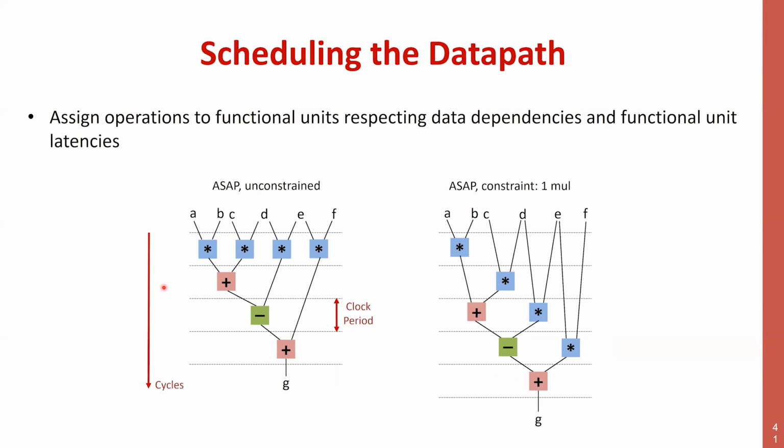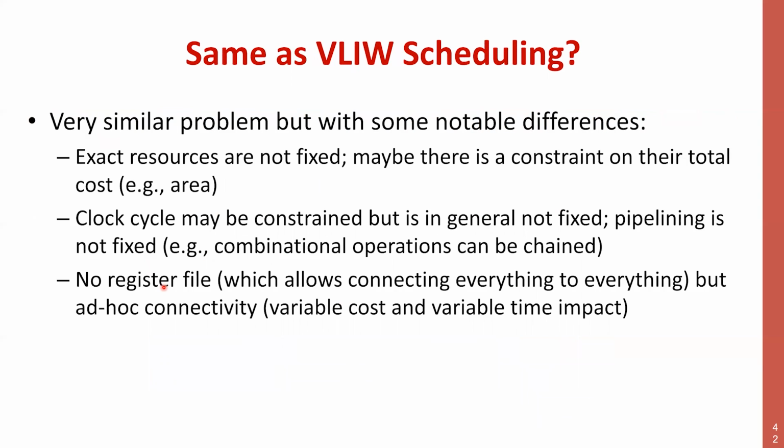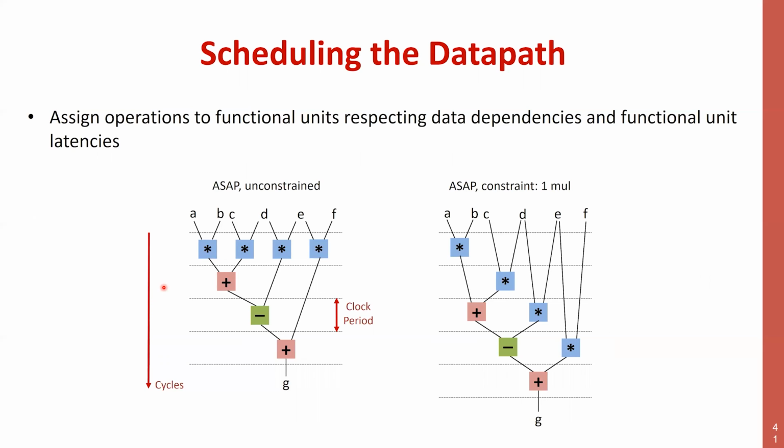There is a lot of similarity. There are also some differences that are important. One of the things is that you don't have a fixed number of resources. If you are in a VLIW, someone will come in and tell you, you have 1 multiplier to use, or you have 4 multipliers. And you see here an example where you have 2 different schedules.